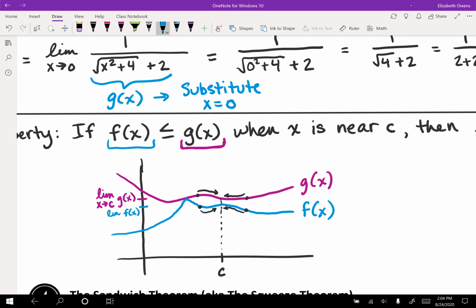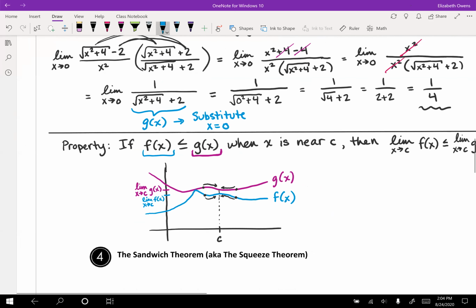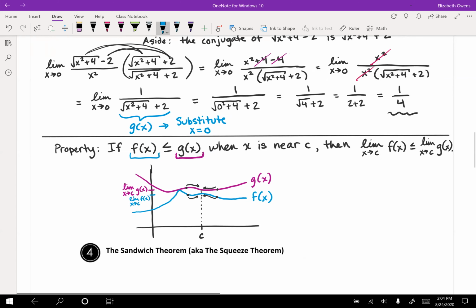So that's the limit as x approaches c of f of x. And so we can see that, yes, the limit as x approaches c for g of x is greater than the limit as x approaches c for f of x. And that will hold true for any functions that have that type of relationship.